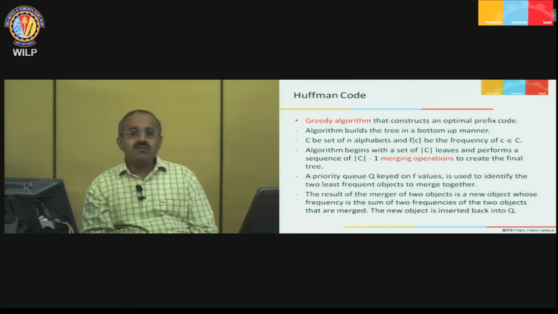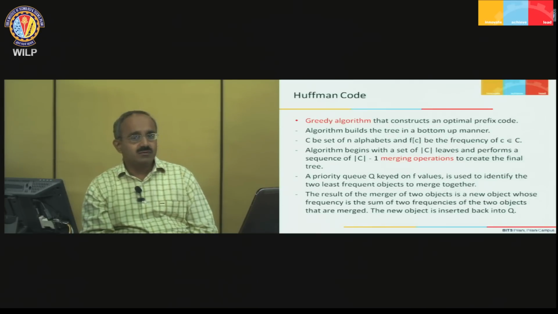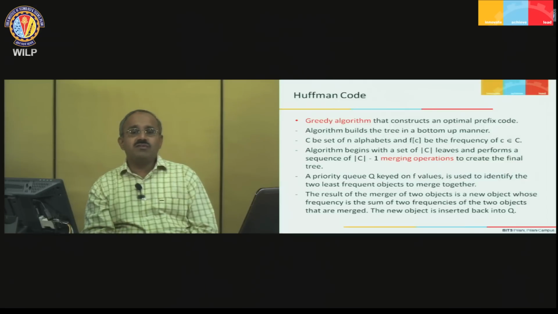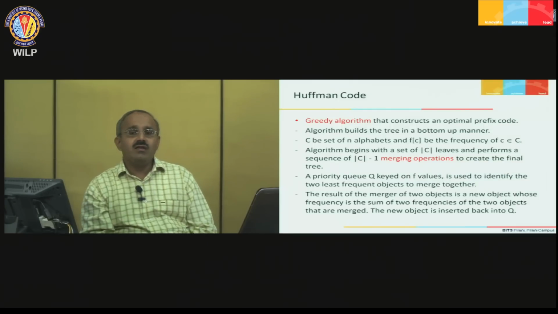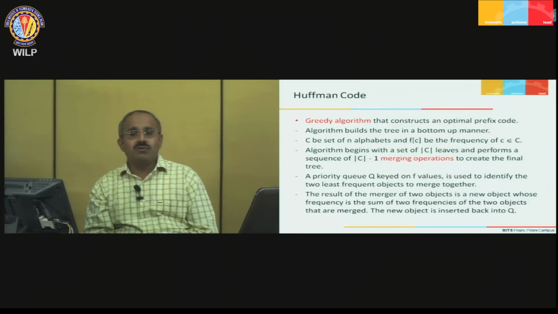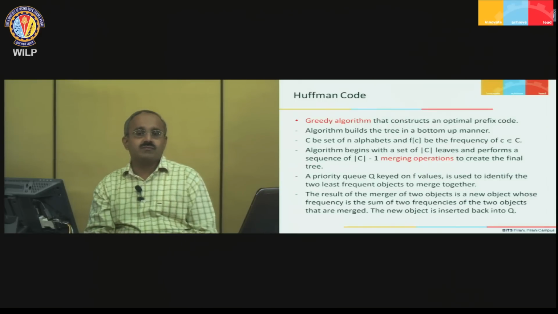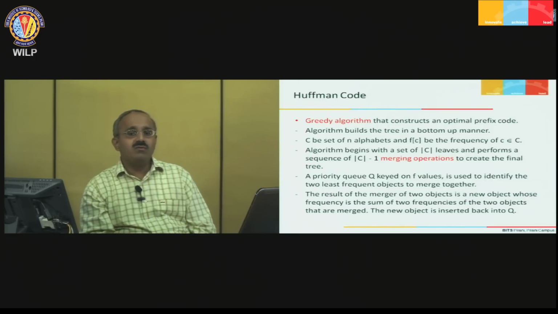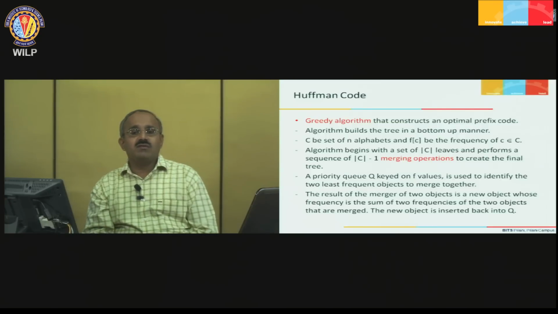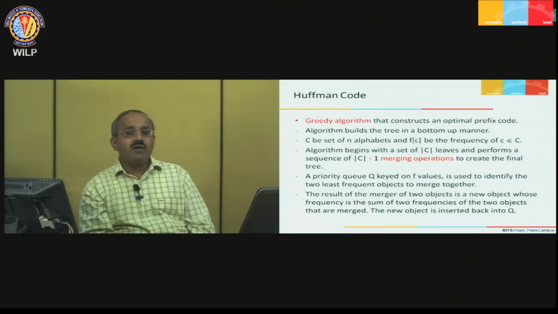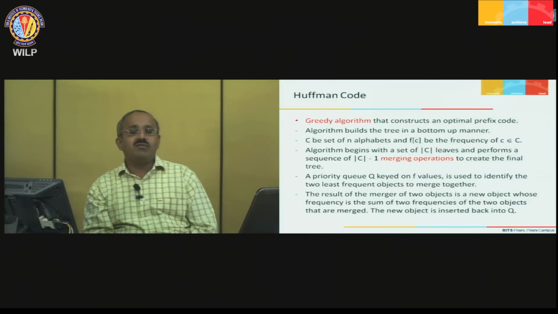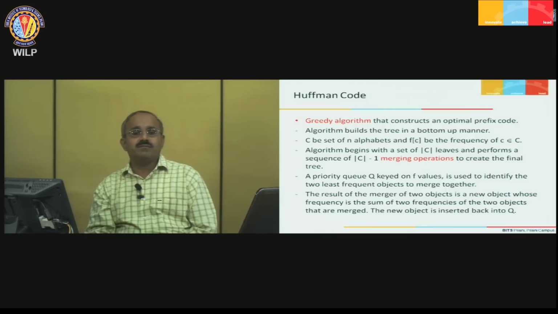The algorithm begins with a set of n leaves, which is the size of set C, and performs a sequence of n minus 1 merging operations. A priority queue is keyed on f values to identify the two least frequent objects to merge together.